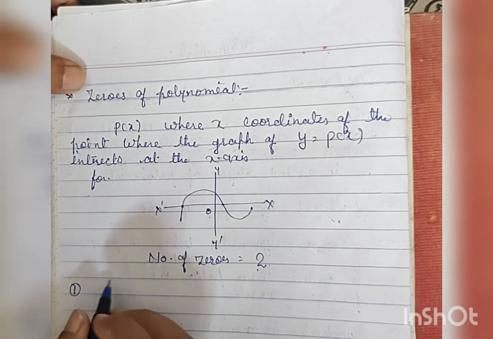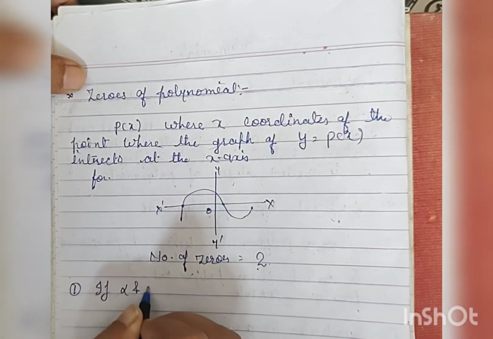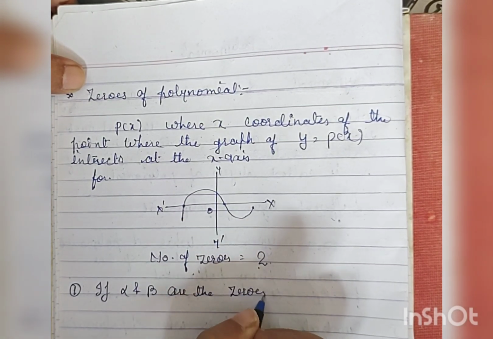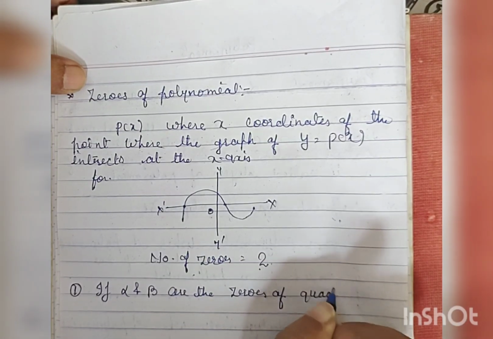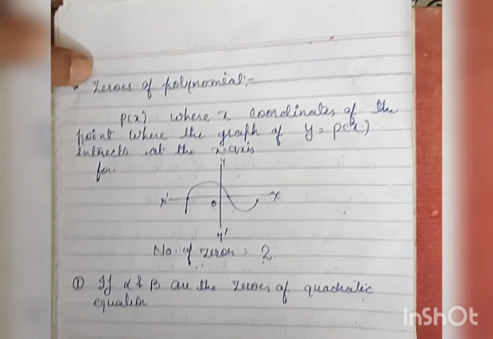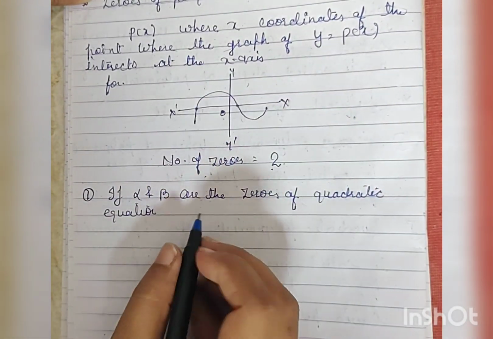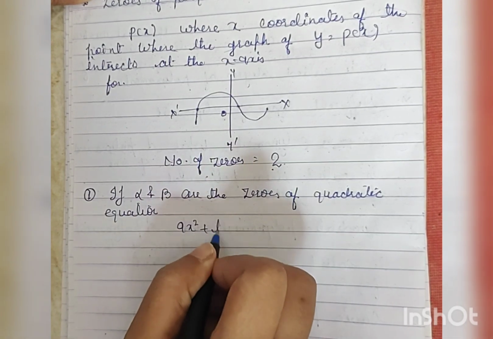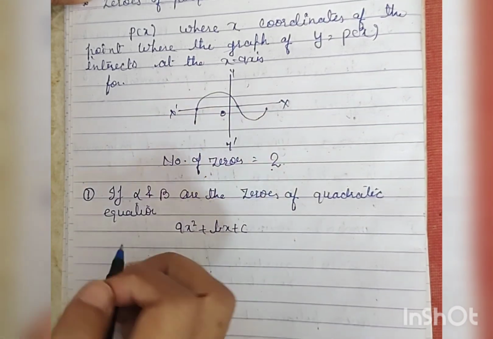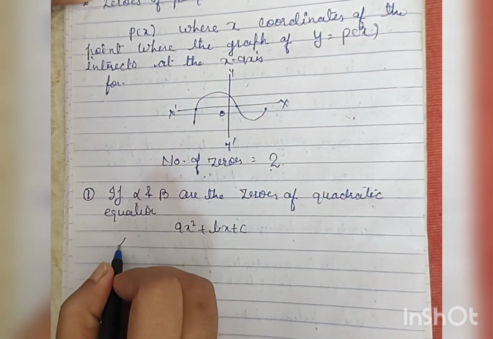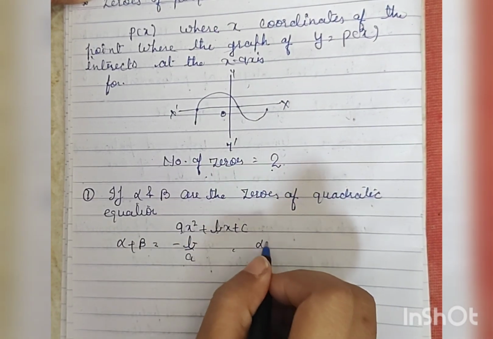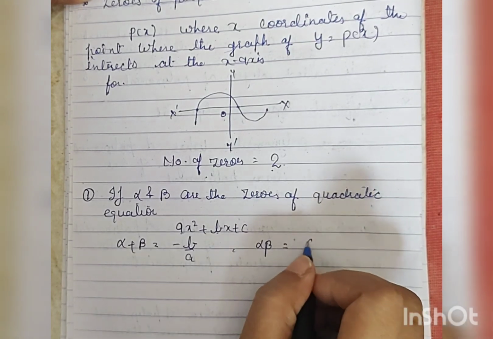Next, the first condition: if alpha and beta are the zeros of a quadratic equation like ax square plus bx plus c, then the sum of zeros, alpha plus beta, is equal to minus b upon a, and the product of the zeros, alpha into beta, is equal to c upon a.